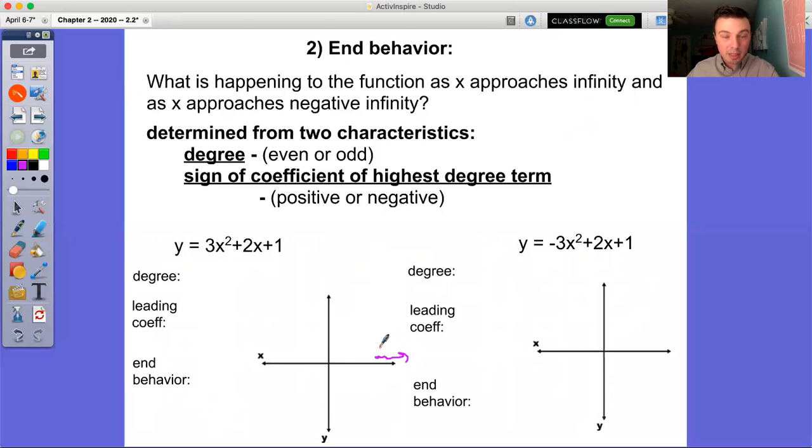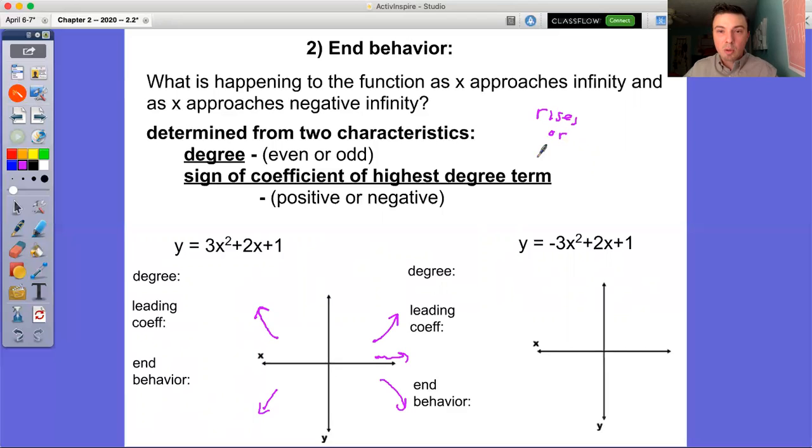So essentially, we know for all polynomials, they'll either be going up or going down as we move to the right. And it'll do the same thing as we go to the left. It'll either be going up or it'll be going down. The way we describe that in common terms is we'll either say it rises or it falls.